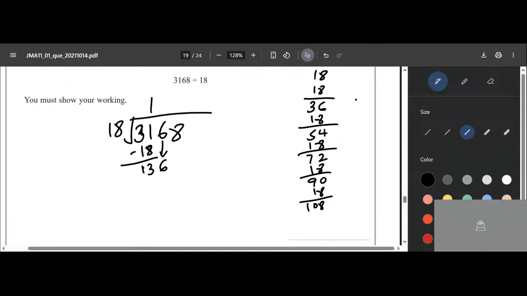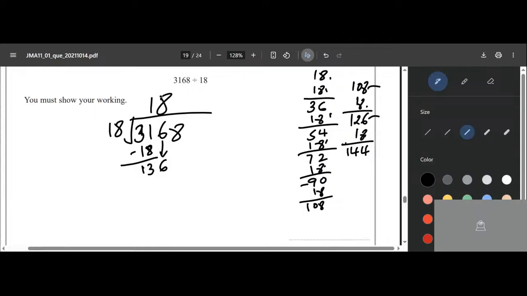Another 18, this will give me 126. Another 18 here, this will give me 144. So it has passed this. How many 18s? 1, 2, 3, 4, 5, 6, 7, 8.